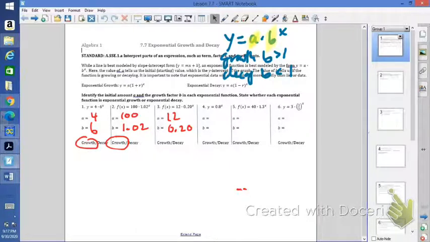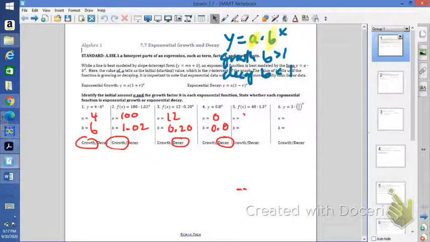Since that's less than 1, we have decay. For number 4, we don't have an a there, so it's 0. And then our b is going to be 0.8. That's less than 1, so that's going to be decay.